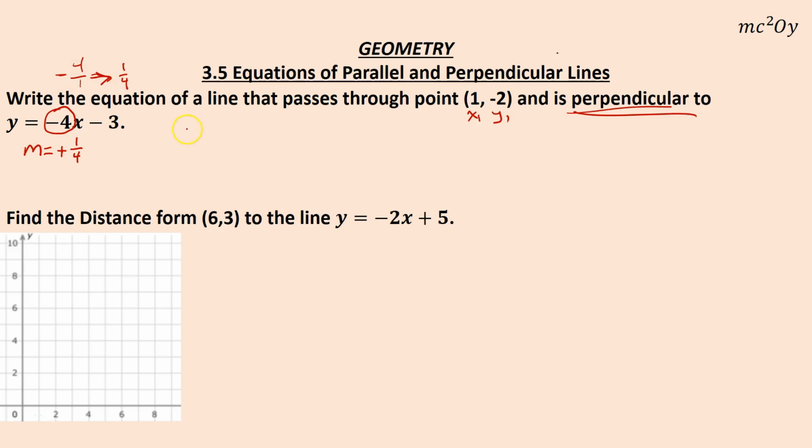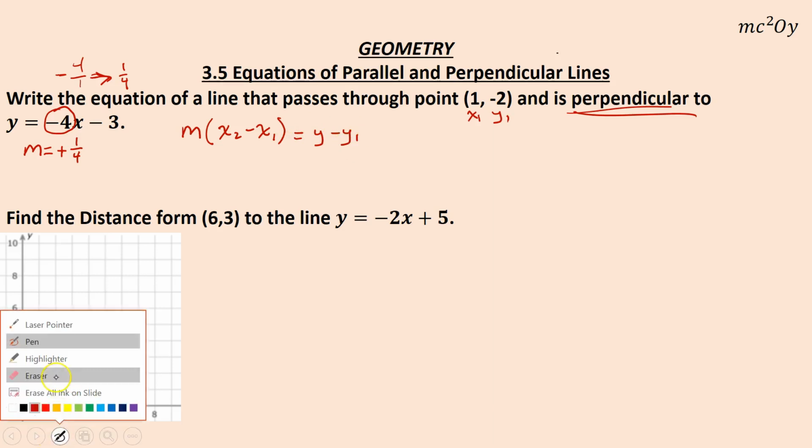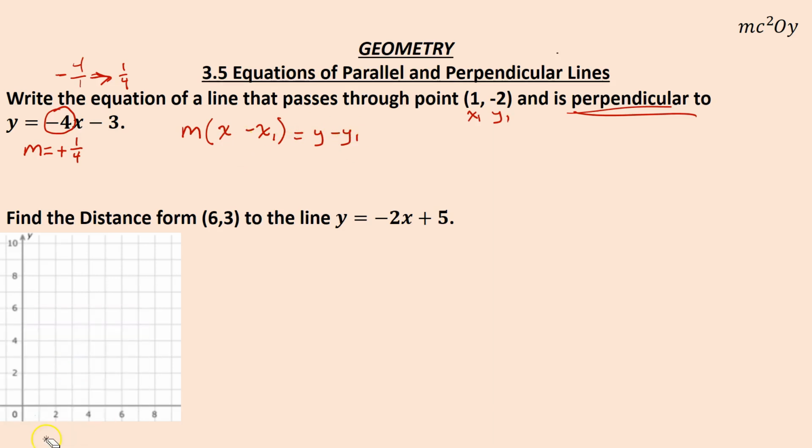So we take our point slope form there. Let me fix that up. And you know what? I accidentally put that 2 in there. We don't have that 2 because we only have 1 point.